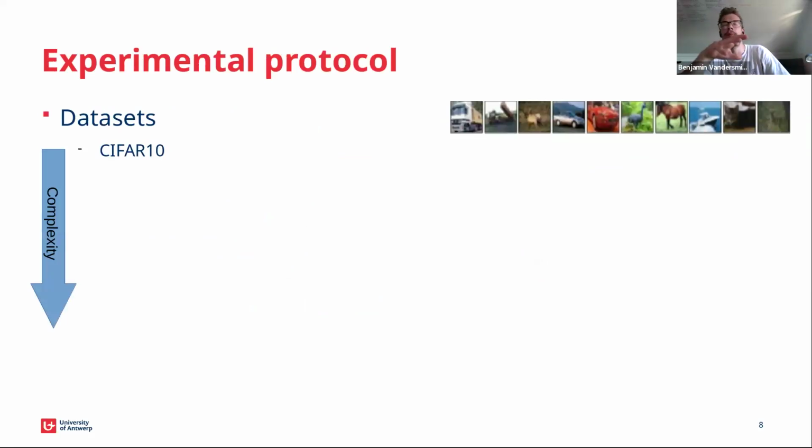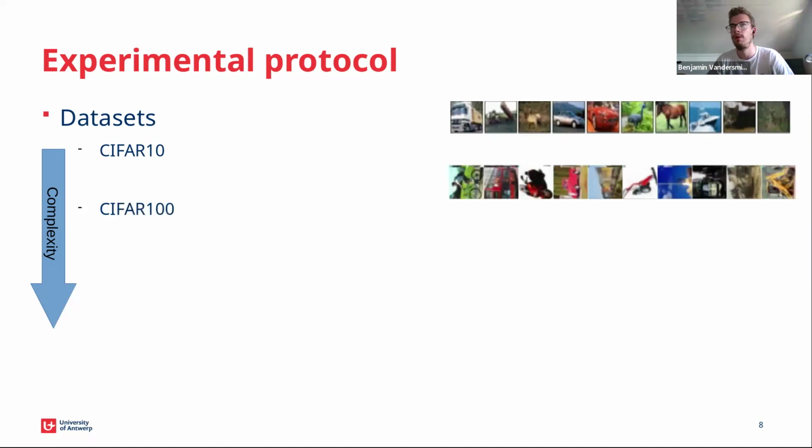Now, for our experimental protocol, because we use computer vision as the main task and image classification more specifically, our datasets are, of course, image datasets. Ranging from least complex to most complex, we use CIFAR10, which is 32 by 32 images of 10 different classes. Then CIFAR100, which follows roughly the same format, but rather than 10 classes, it has 100 classes.